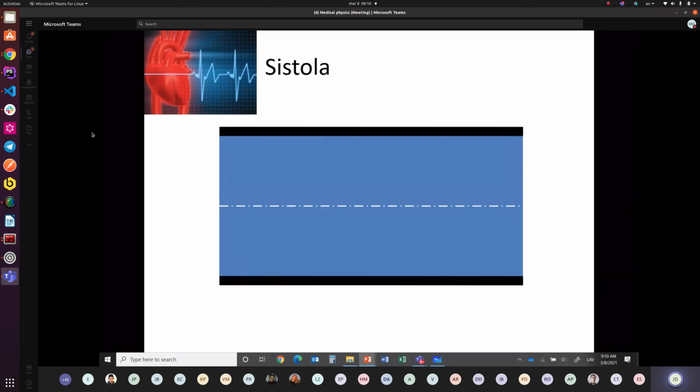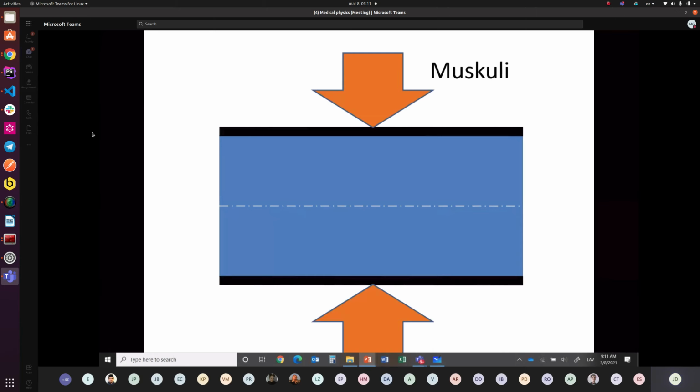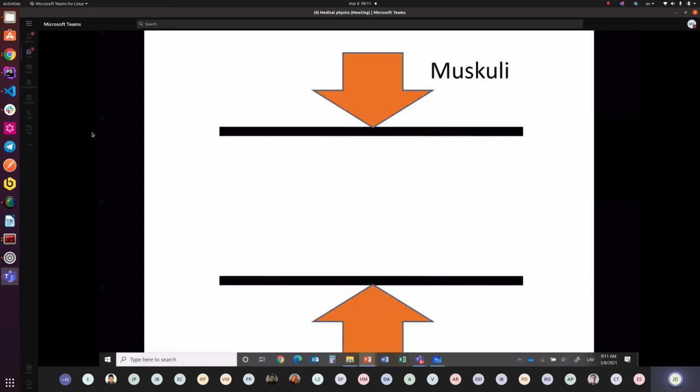When systole is over, we don't have systole, the muscles are pressing on the blood vessel. So there is no pressure inside of the blood vessel. However, there is a pressure from outside by the muscles. So the pressure here increases and blood is pressed out.